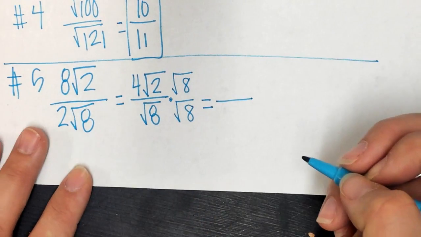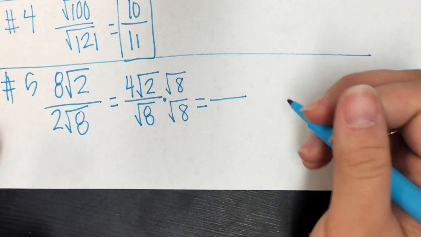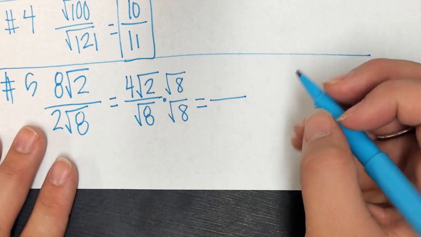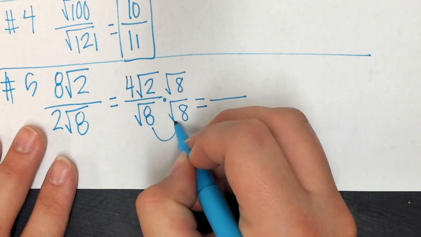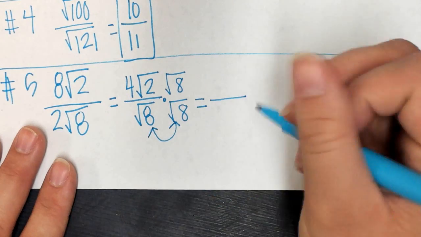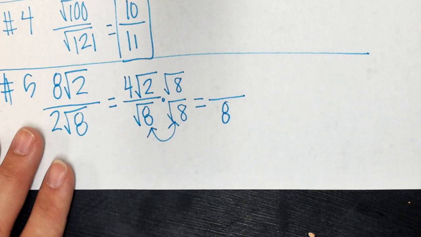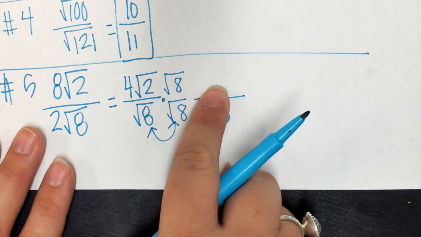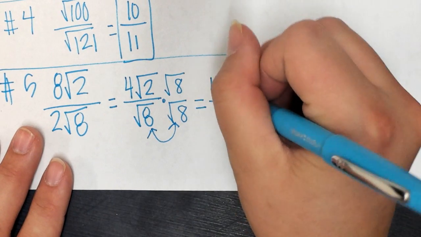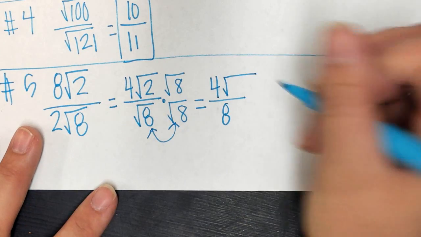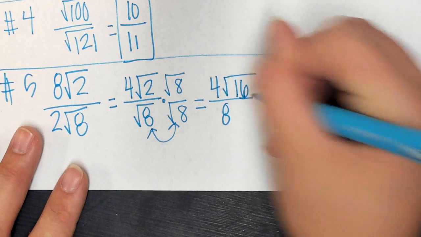The denominator becomes just 8. If you multiply the same number with both square roots, your number just becomes the same thing. Now, bring your 4 over, and 8 times 2 is 16.